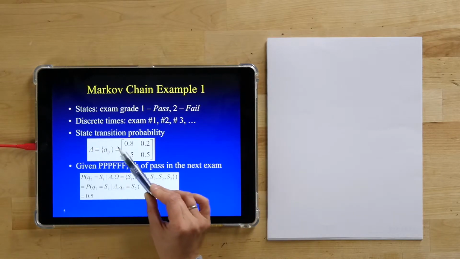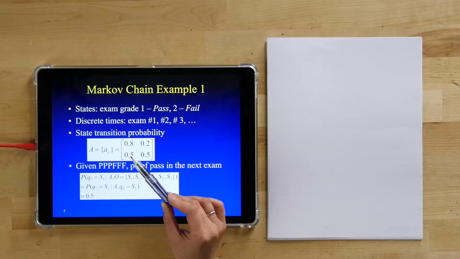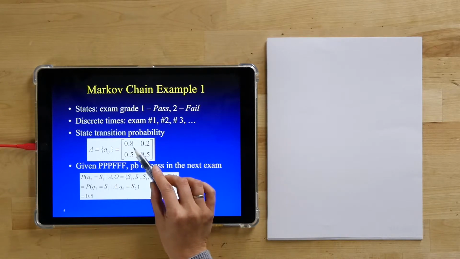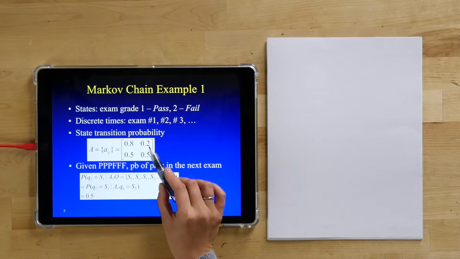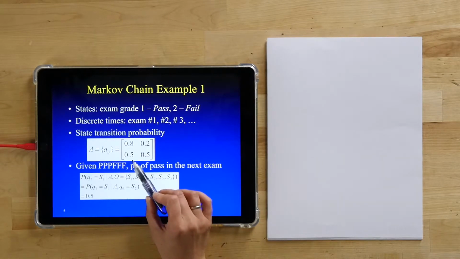And the state transition is like this, which means that if they passed one exam, the next time they will have 80% chance of passing the exam again, but 20% chance that the next exam they will fail. However, if they fail the exam, the next time they have a 50-50 chance of passing and failing.